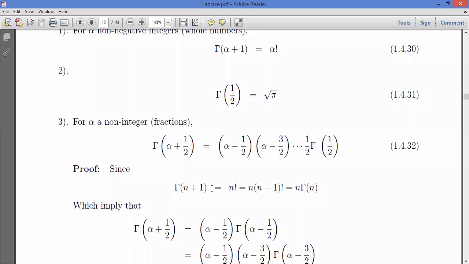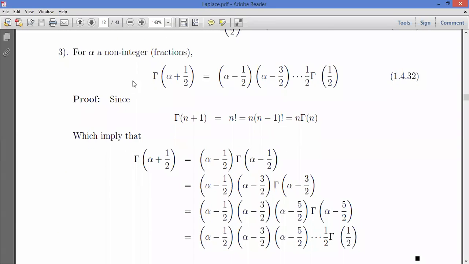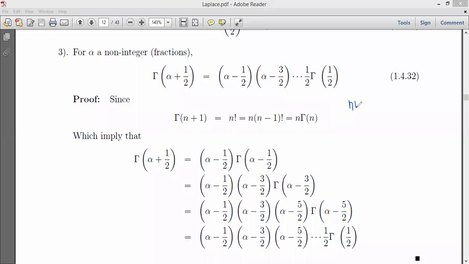So if you expand this one here, guys, remember I've just demonstrated up here when I equated and we said that n factorial, I can just throw that back here. I told you that n factorial, after looking at the Laplace of t to the n in terms of gamma, and the Laplace of t to the n using the first definition we discussed, we have seen that this is gamma of n plus 1.